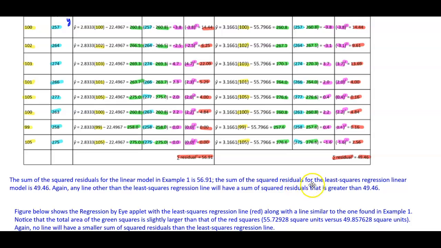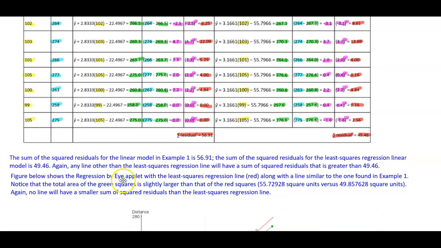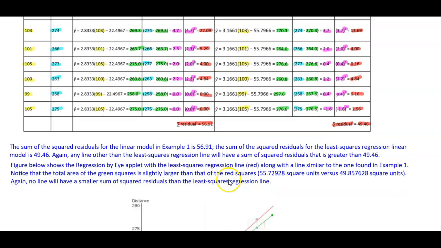The sum of the squared residuals for the least squares regression linear model over to our right here is 49.46. Again, any line other than the least squares regression line will have a sum of squared residuals that is greater than 49.46.